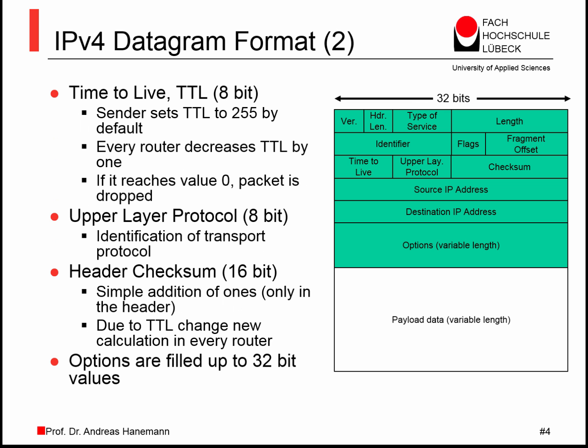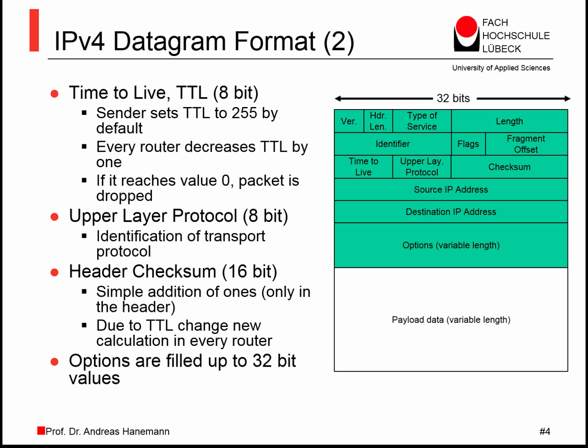Please refer to the video about fragmentation to understand their meaning. In the third row, there is the time to live field. The original idea of this field was to specify a maximum time that it may take to reach the destination. If the time was exceeded, then the packet would be dropped. However, the actual meaning of the field right now is that it indicates a maximum number of forwards by routers.